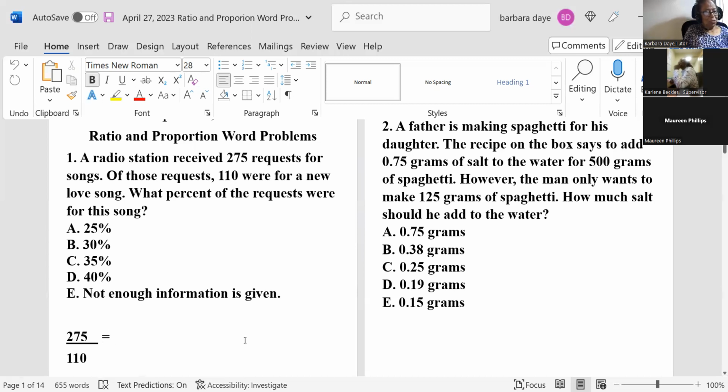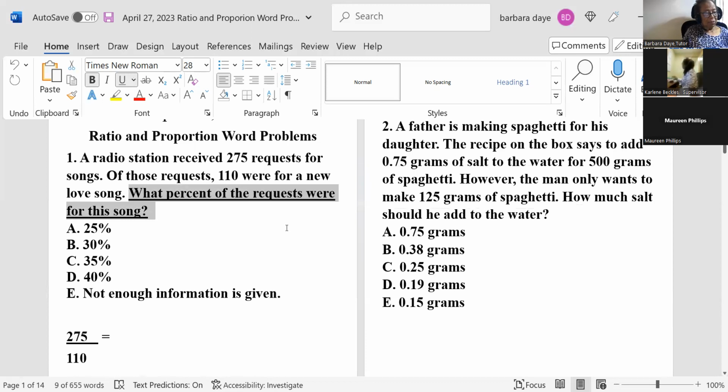Now think about what you're trying to find, Maureen. You're trying to find the percent, right? So which of these numbers represents 100%? The 275 or the 110? You're trying to find what percent of the requests were for this song, the new song, which was 110.